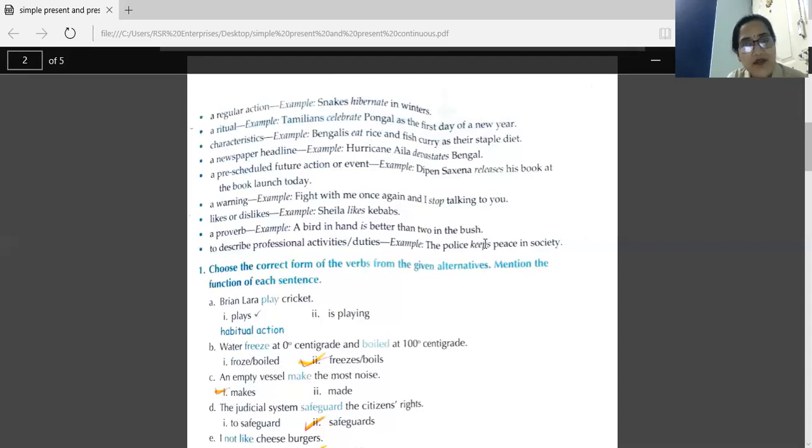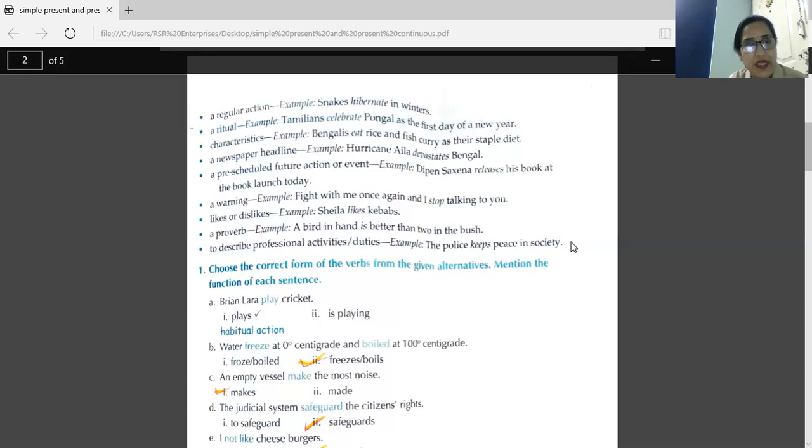So keeps we are using as simple present tense here. Okay. Now these are the points which show where you can use simple present tense. I hope you have understood. Examples are already given there. Now, let's see this exercise.